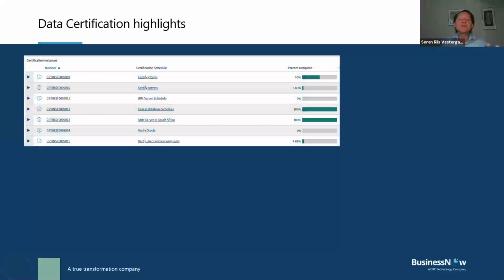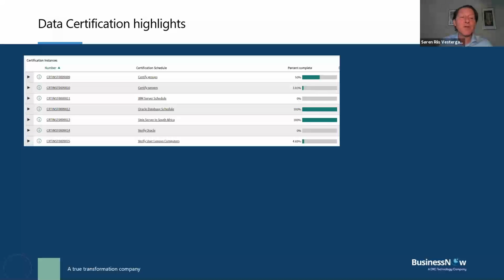So I know this may not be readable to everybody, but I'm just going to show it here. Here we have a number of certification instances which have been defined in a ServiceNow instance. The top one, certified group, is one where we want to ensure that the data within the assignment group is complete and correct.